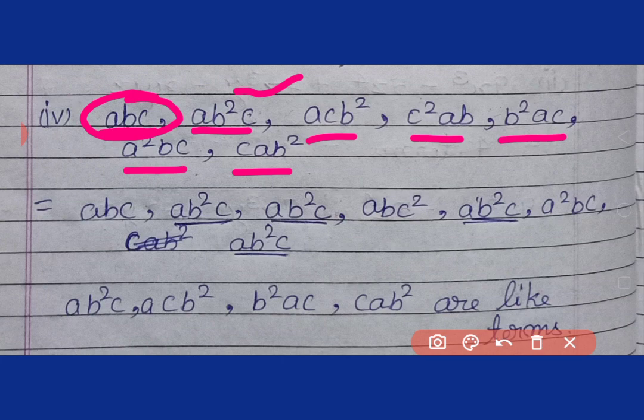In the third also, b² is given, a and c are given. In the third, c² is given, so it can't be a like term. In the fourth, b² is given and a and c are given. And a² is given, so it can't be a like term. And in the next, cab², b² is given and c and a are given. So all these four terms are like terms, the ones I have ticked.